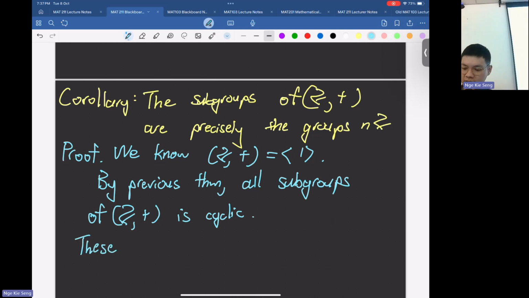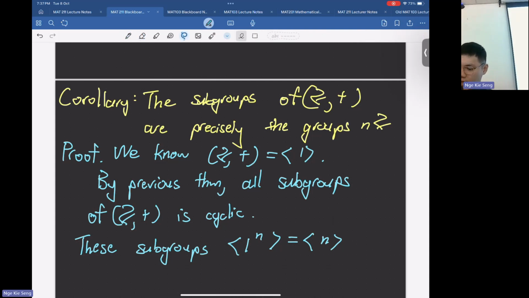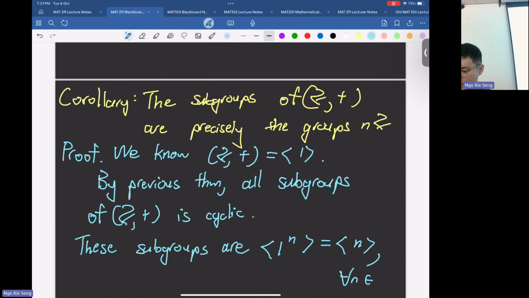These subgroups are precisely generated by 1 to the power n, which is equal to what? n. Okay. These subgroups are this guy, for all n. Which one? So wait, let me see. nZ. Yeah, nZ.